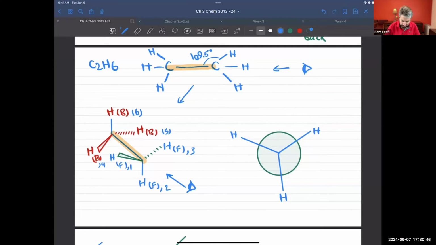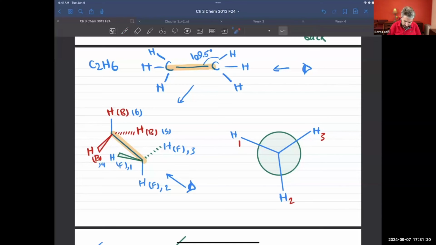The one that is pointing down will be number 2. Where is number 3? Number 3 will be on the right, up, and I'm going to write it here. And where is number 1? Number 1 will be on my left, up. Now when I put my eyes here, in this direction, I will see number 4 between number 2 and number 1.